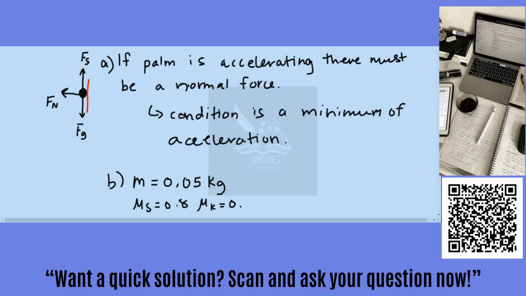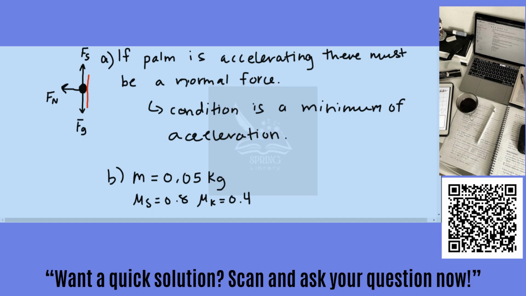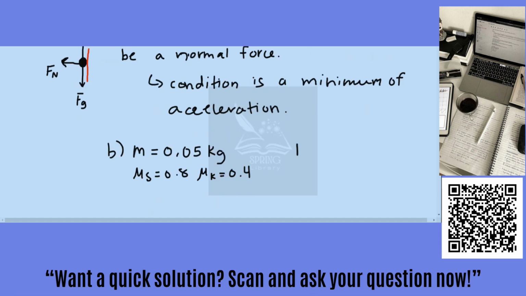And we'd like to determine the acceleration that we need in order to prevent the object from falling. Well, we know that we need a certain amount of static friction to keep the object in place against gravity. So I think a good place to start is to calculate that static friction. So what static friction balances out gravity?